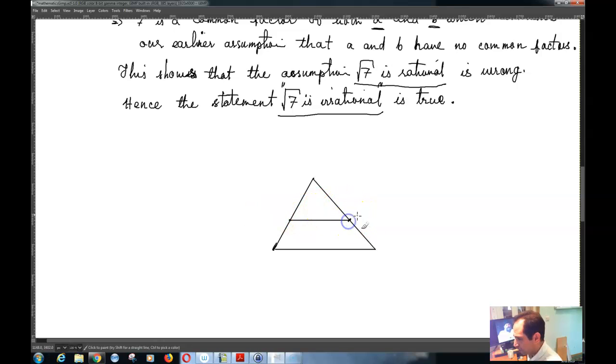Let's call this point P. You want to show that AP cuts the line RQ exactly at this point P.